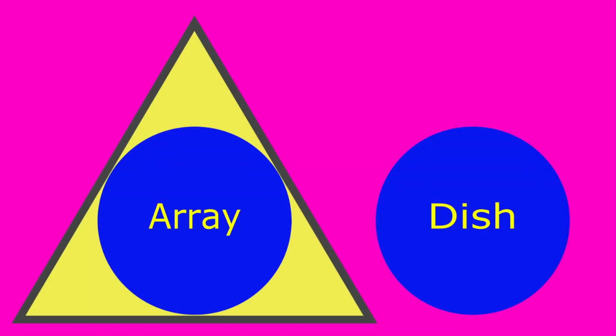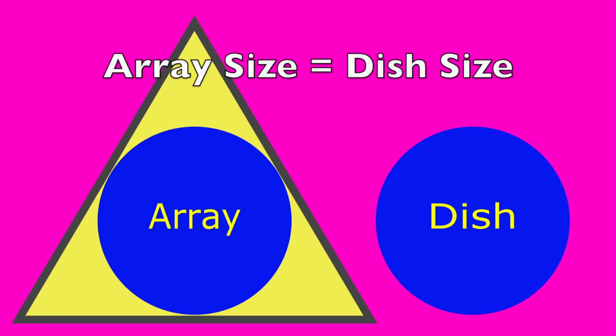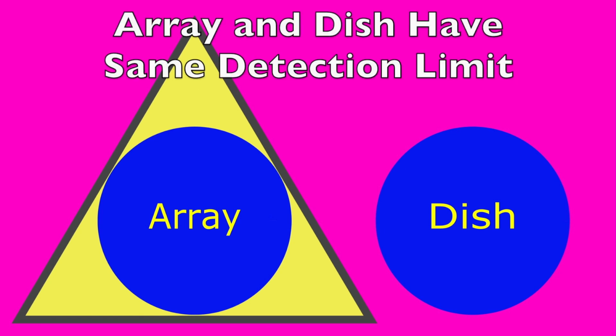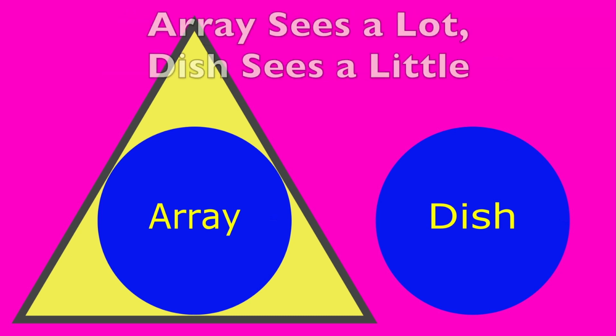Each of the phased arrays on the faces of the tetrahedron has the same diameter as the dishes on the cube face. A planar phased array that has the same diameter as a dish will have the same detection limit as a dish. And the array can see much of the sky at once, while the dish can only see a very tiny part of the sky.